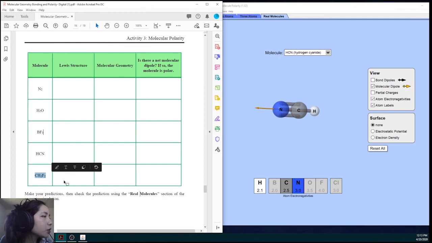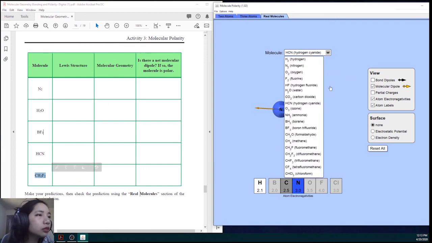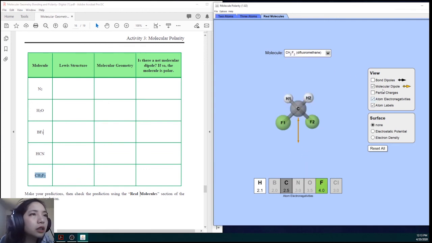All right, and the last one, CH2F2. There we go. So here I'll show you the bond dipoles first. So you see, fluorine's much more electronegative than hydrogen. So the bond dipole between carbon and fluorine is much larger than the bond dipole between carbon and hydrogen. You can see there's actually none. Usually we say that CH bonds are nonpolar and purely covalent.